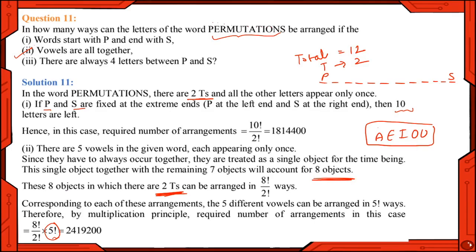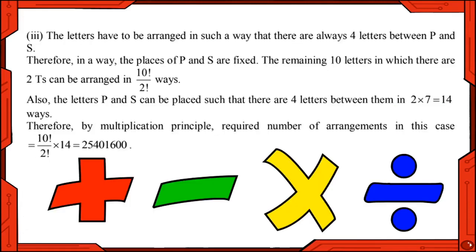Now the third part is there are always 4 letters between P and S. So the letters have to be arranged in such a way that there are always 4 letters between P and S. So therefore, in a way, the places of P and S are fixed. Wherever P and wherever S are, but at least they are fixed.